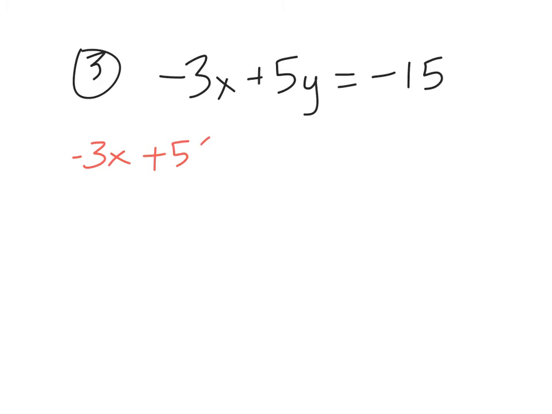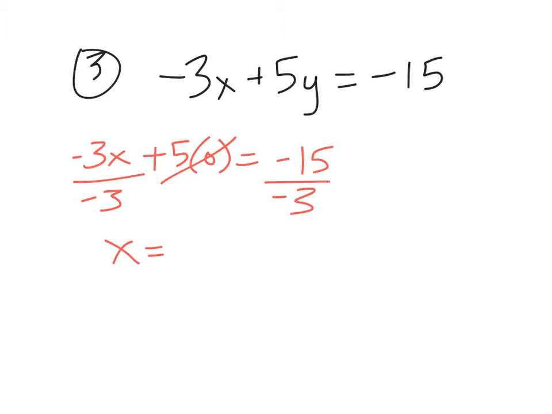Very good. Y times 0, 5 times 0 is 0, so that's gone. Divide by negative 3. So x equals, yep. So if I'm solving for the y-intercept, I plug the 0 where? Where the x is. Very good.